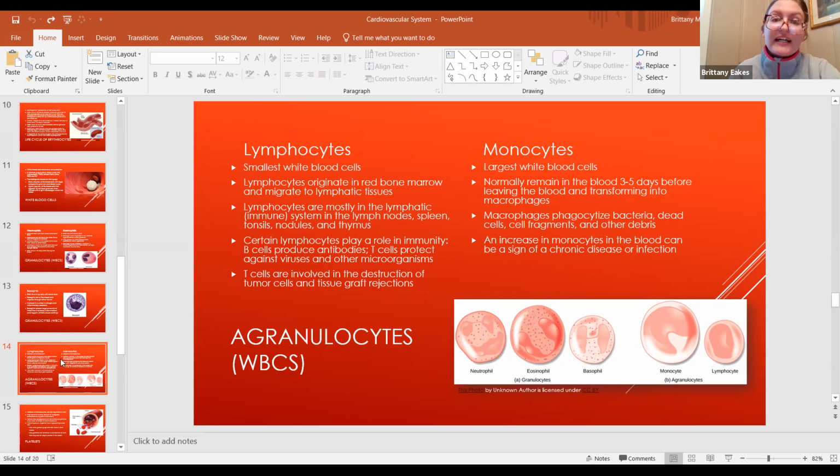Any cell, any bacteria, anything that comes into our body with a different kind of marker, our white blood cells will attack it. T cells protect against the viruses and microorganisms. So B cells produce the antibodies. T cells protect against viruses and other microorganisms. T cells are also involved in the destruction of tumor cells and tissue graft rejections.